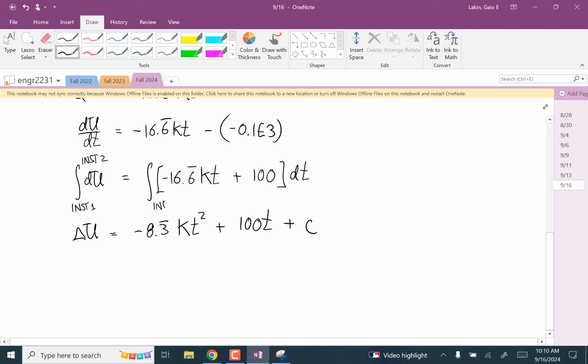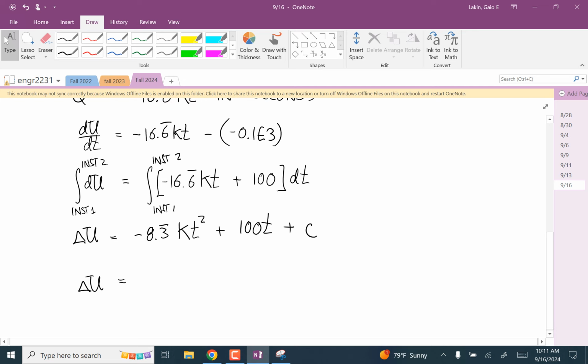And this is the change in U, the later time minus the earlier.